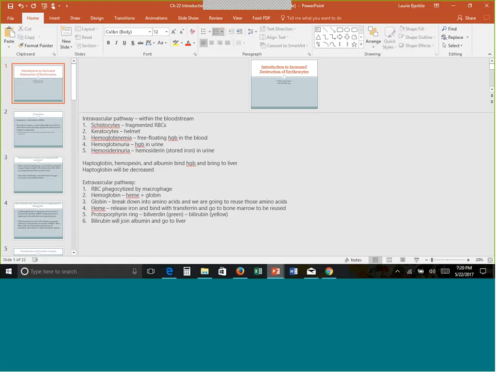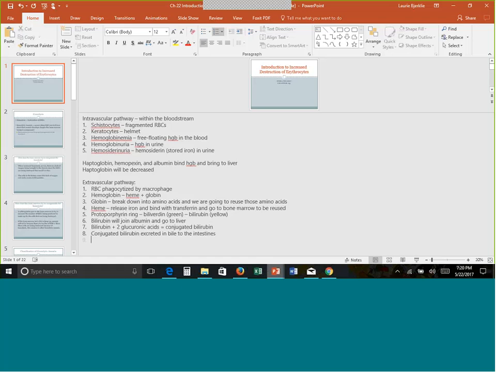If it's already in the liver, it doesn't need to go there. Once in the liver, bilirubin will join up with 2 glucuronic acids, and make conjugated bilirubin. That conjugated bilirubin will be excreted in the bile to the intestines.